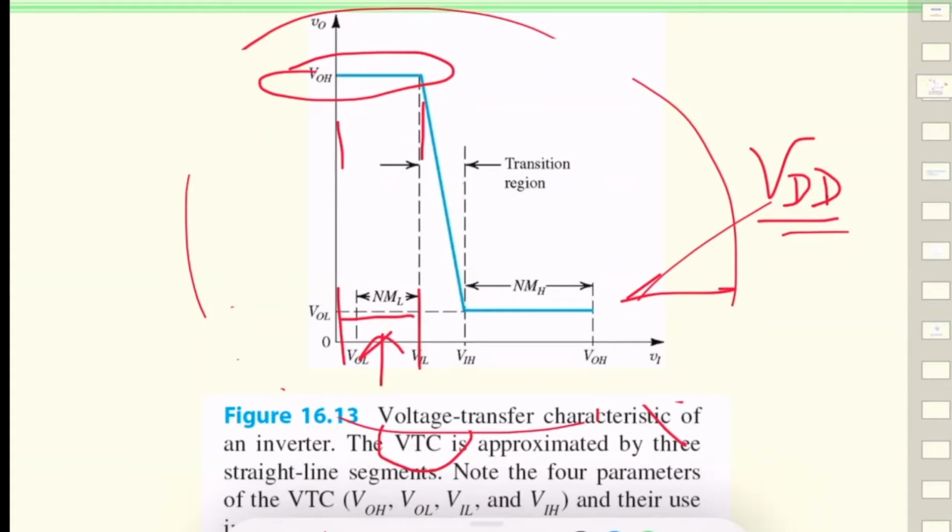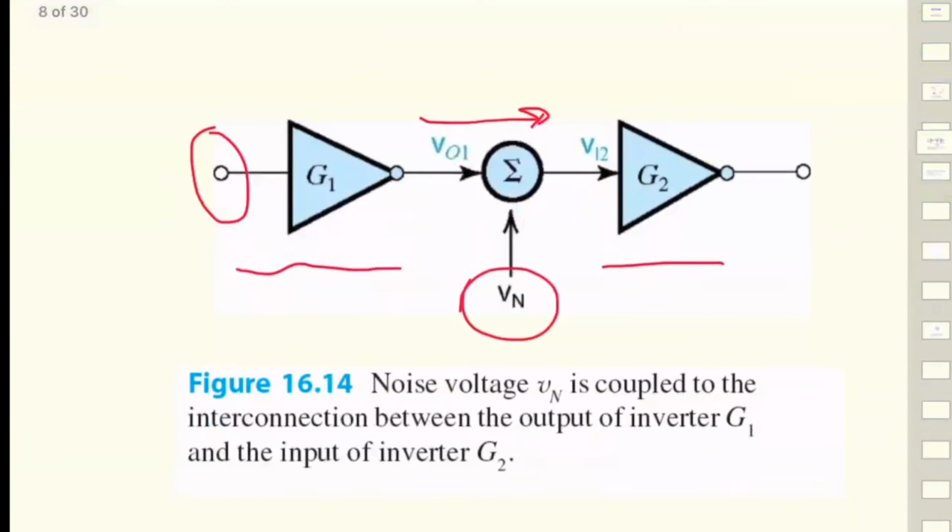Now, this insensitivity can be a big benefit to us when we are talking about a digital circuit where one inverter is driving another inverter of a similar kind, like shown here.